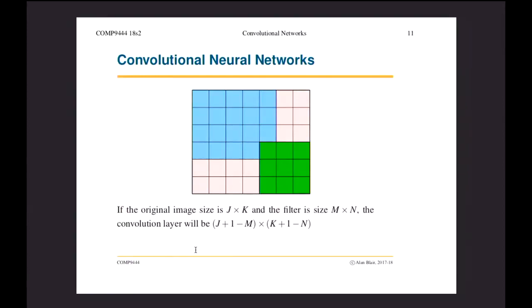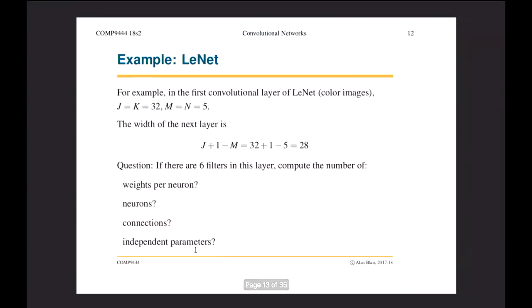If the original image is J by K and the filter size is M by N, the next convolutional layer will be of size J plus 1 minus M crossed with K plus 1 minus N. So this was a toy example. Let's look at a small but still realistic example.